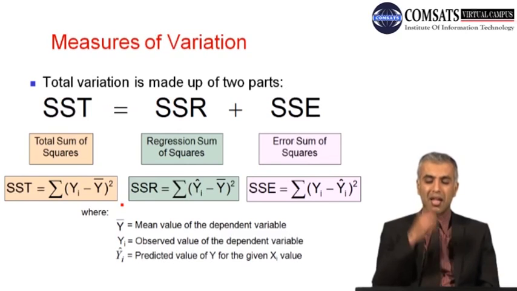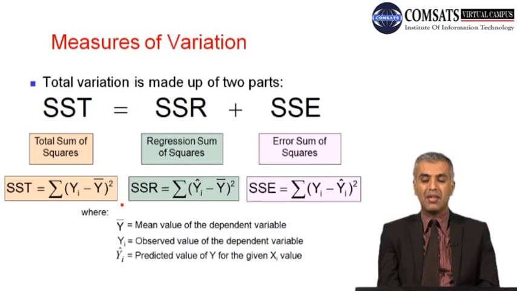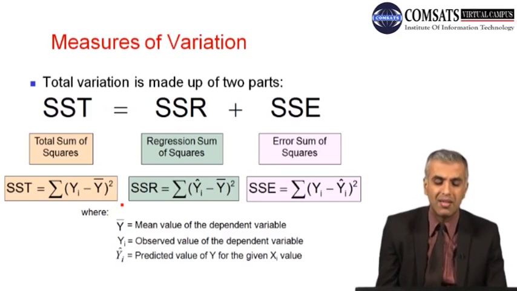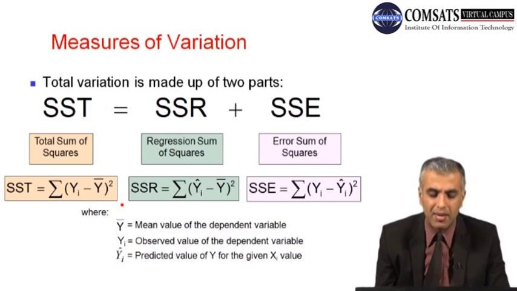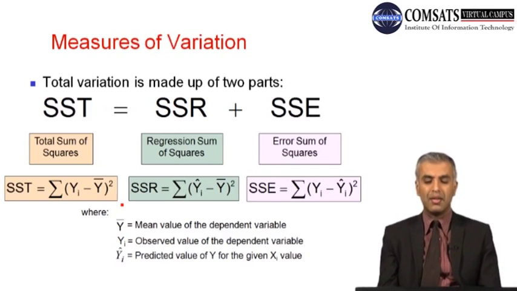And last but not least is SSE, which is the error sum of squares in this case. The values for each of these sums of squares are written here, and we can find the predicted value through these equations.